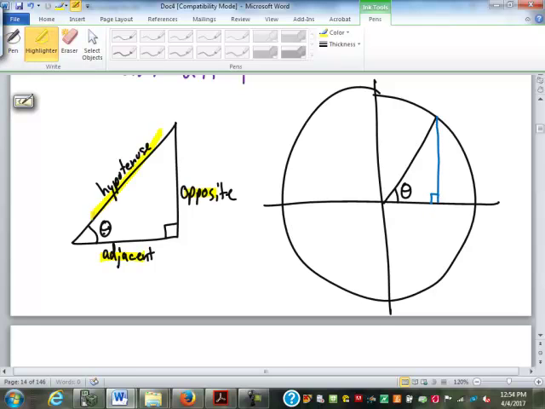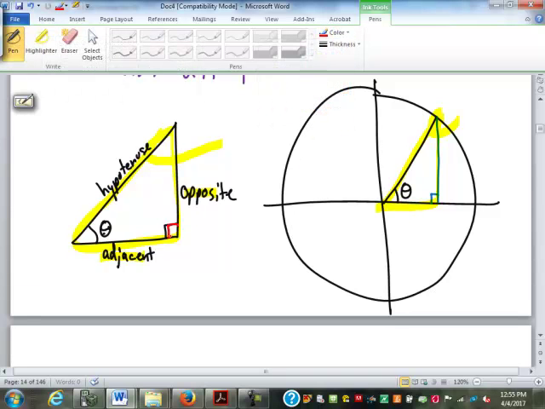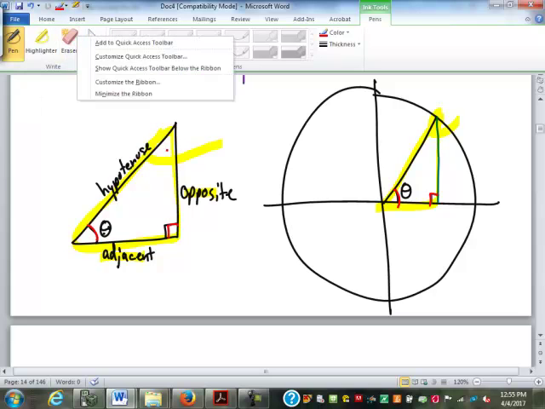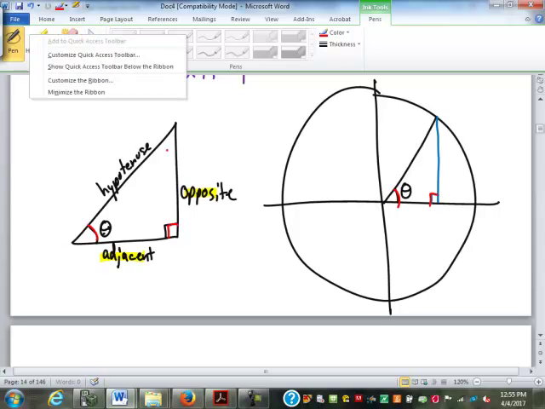These two triangles have to be similar because the right angles are obviously the same, and these two angles are the same. So the third angle must be the same. And if those triangles are similar, we've talked about how corresponding sides have to form that proportion.